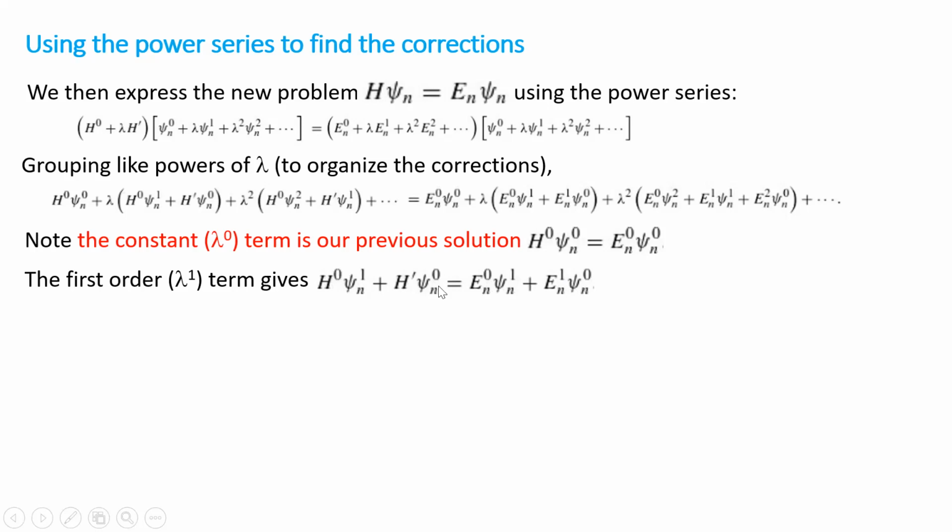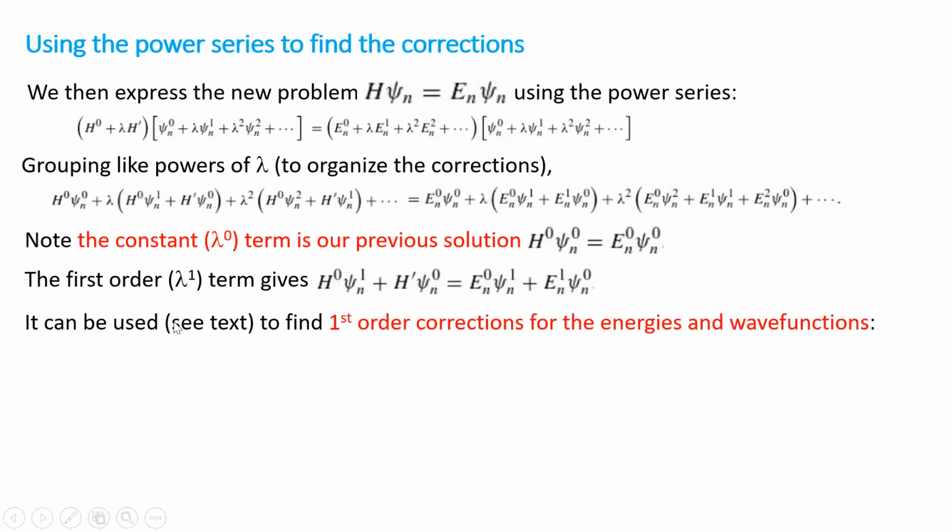So we get this expression, which has the original Hamiltonian, the perturbation, the original wave function, the correction to the wave function, and the original energy and the correction to the energy to first order. So it has a lot of stuff in it. We have to do a little bit of work here, but by nice manipulations it can be used to find the first order corrections for the energies and wave functions.